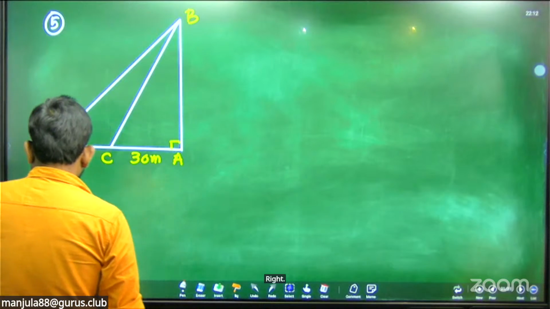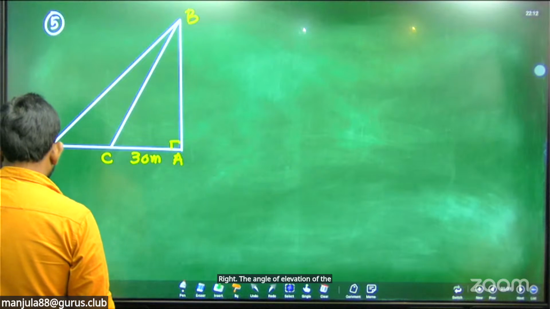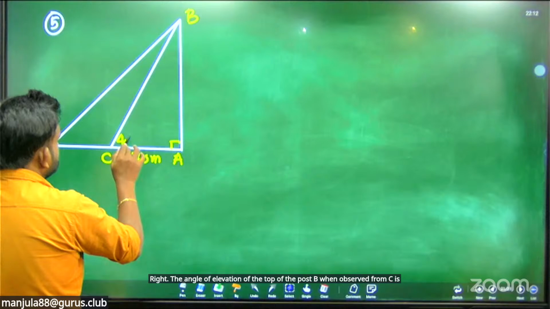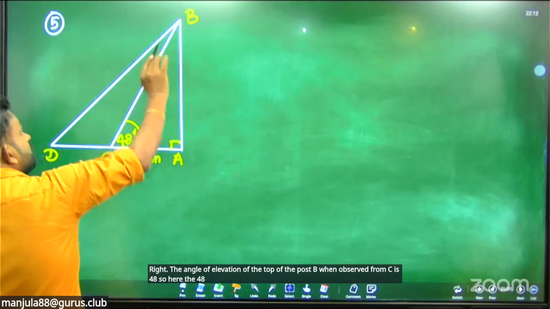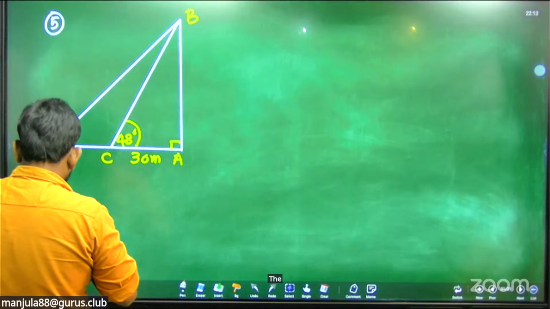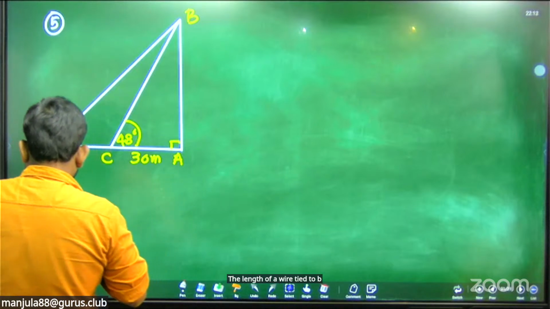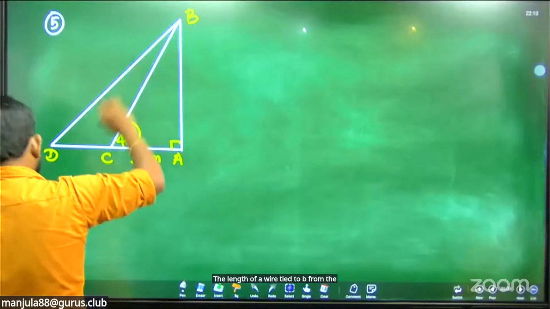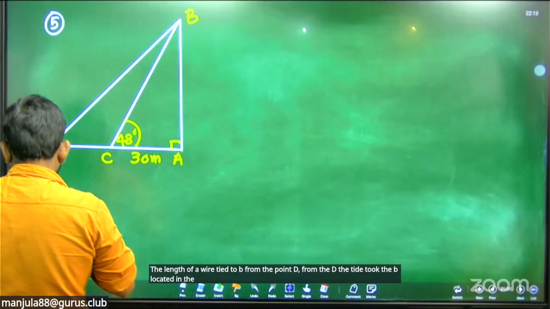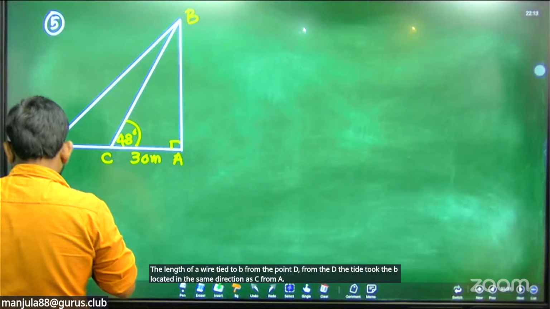The angle of elevation of the top of the post B when observed from C is 48 degrees. So here the 48, it observed B from C. The length of a wire tied to B from the point D, located in the same direction as C from A, is 50 meters.